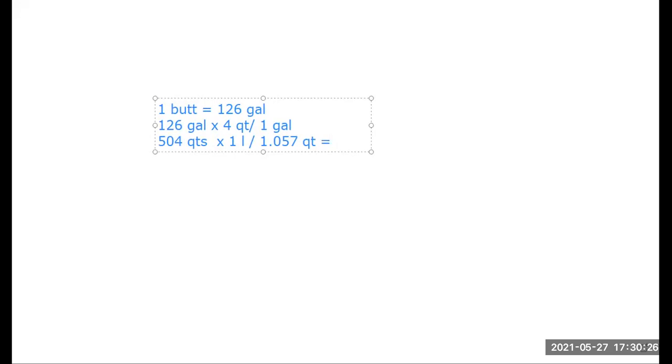I'm now going to take my 504 and divide by 1.057, and that will give me 476.8 liters. So I did it as 2 separate conversions there. You could link them together and cancel everything out appropriately, or you could do them as 2 separate steps. It won't actually change your math.